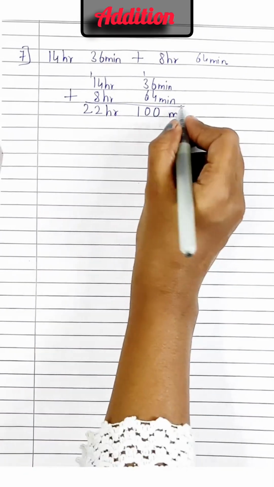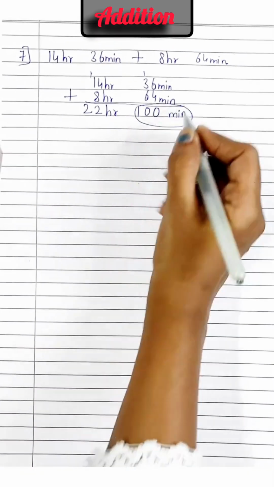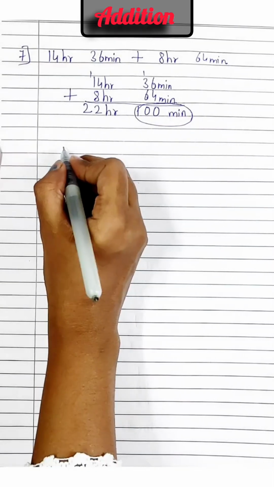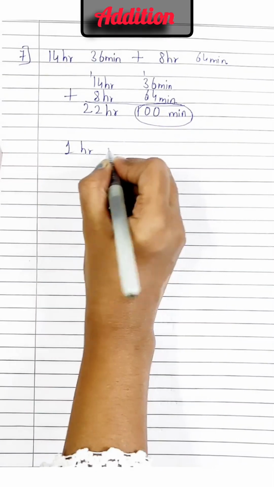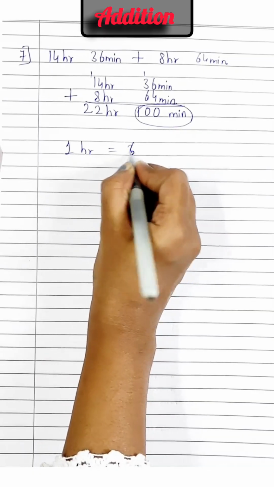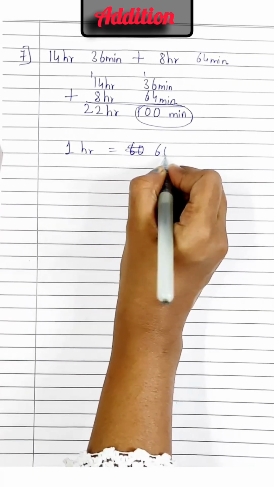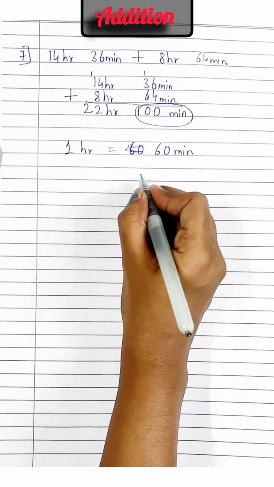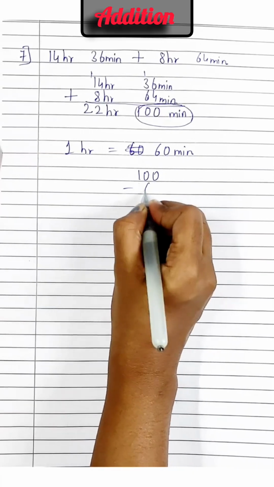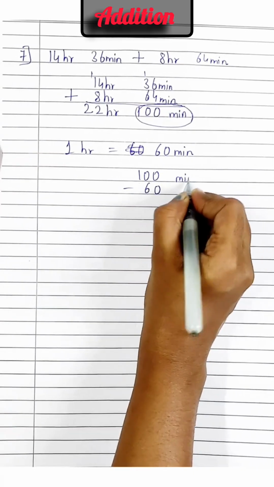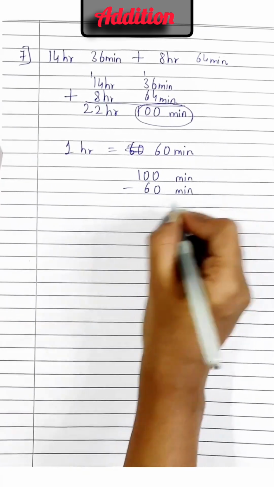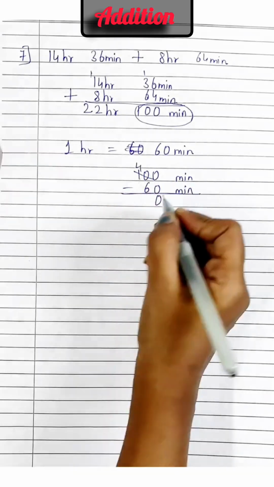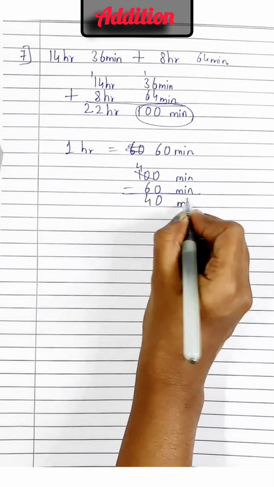So now again this is crossing 60 minutes. So 1 hour is equals to 60 minutes. So you have to subtract 100 minus 60, which will give you how many minutes? 40 minutes.